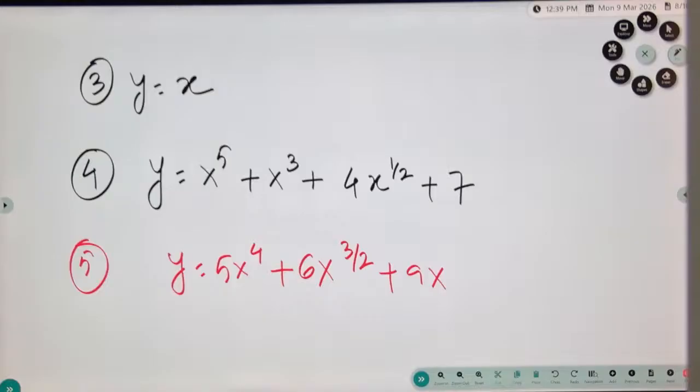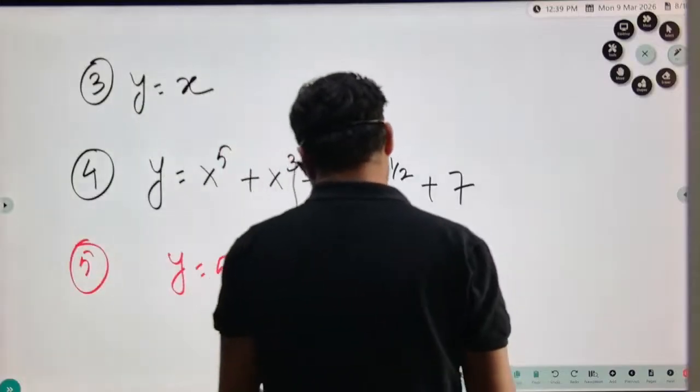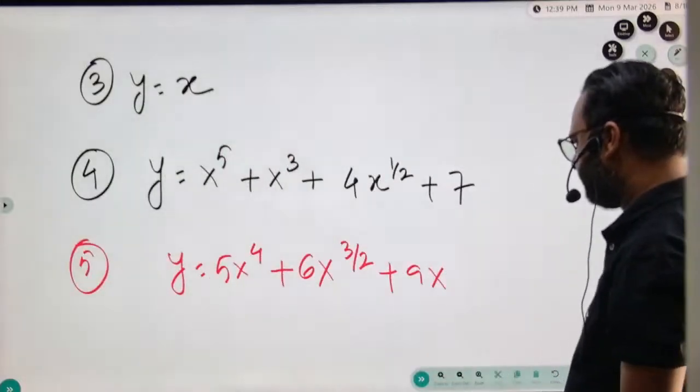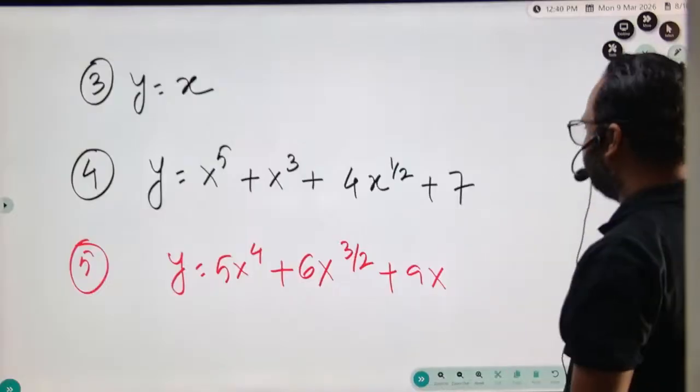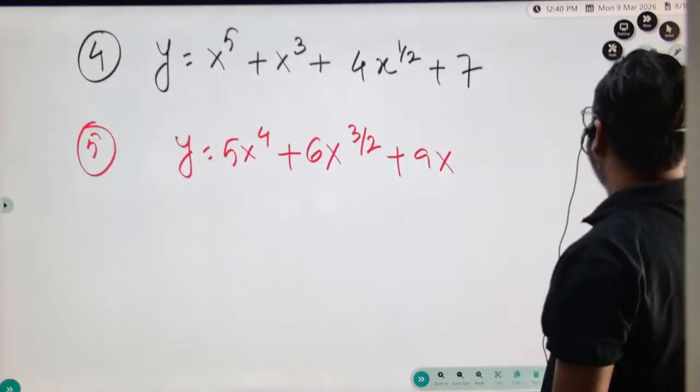Yes, what is your answer, please? 20x cube plus 9x to the power 1 by 2 plus 9. Yeah, perfect. Good. Very nice. I'm very happy.